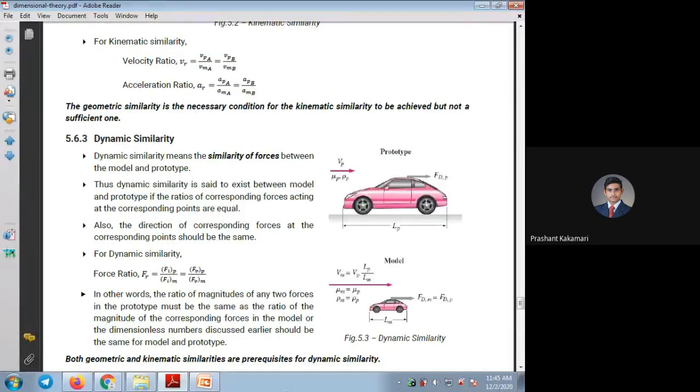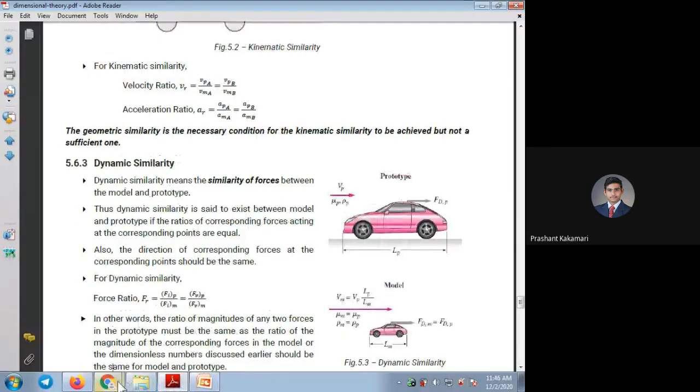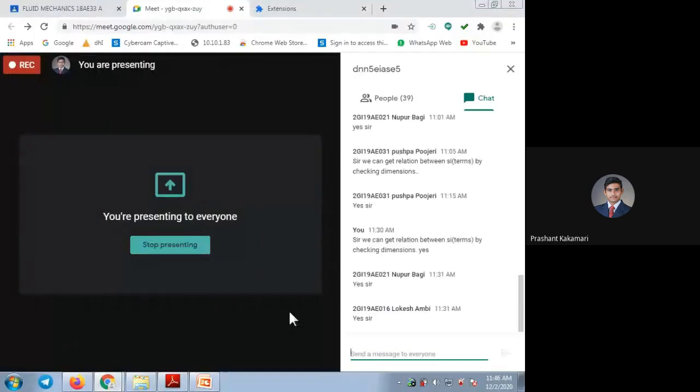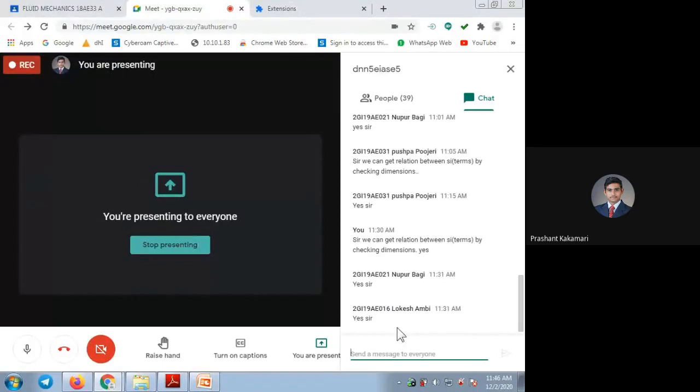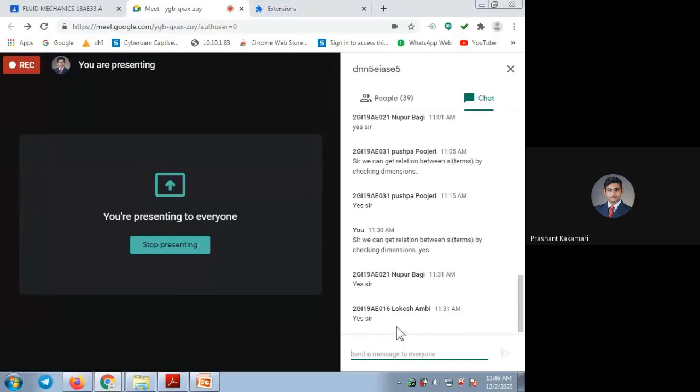The time is 11:45. So first of all, I request you to go through the Buckingham pi theorem and Rayleigh's method. Practice some other problems from the books so that you will get some confidence and grip on the problem solutions. Okay. Still, if any doubts are there, you can take them later.